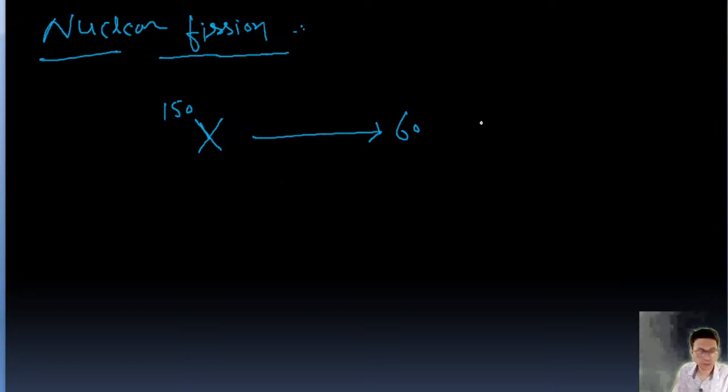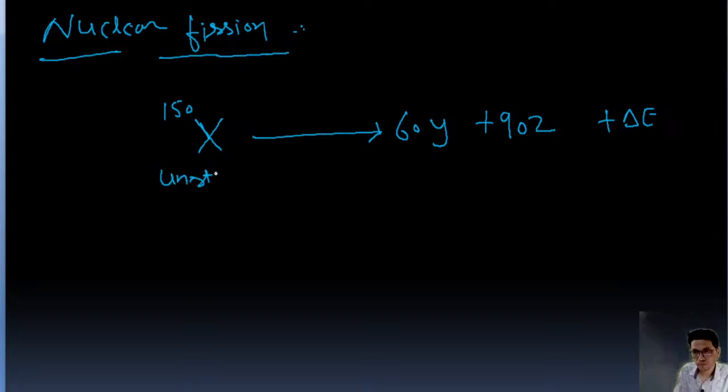This is an unstable nucleus, and this becomes 60Y plus 90Z, plus delta I. So this is an unstable nucleus.